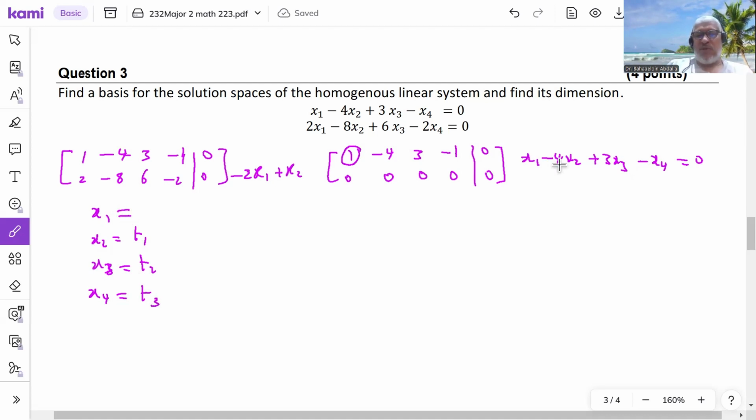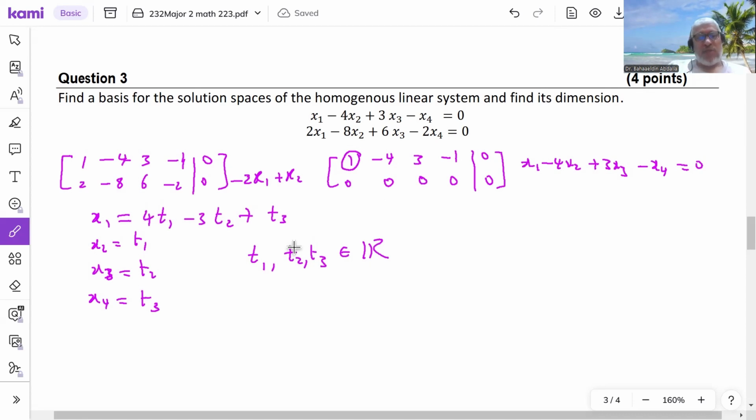And then x1 would be, taking everything to the right-hand side, 4t1 minus 3t2 plus t3, and all of these parameters could be any real numbers. Now this is the solution of the system.